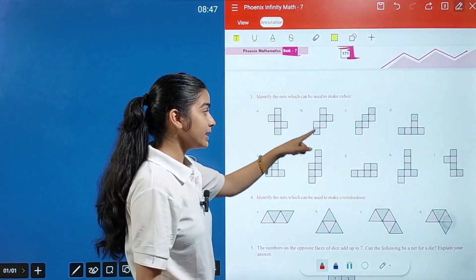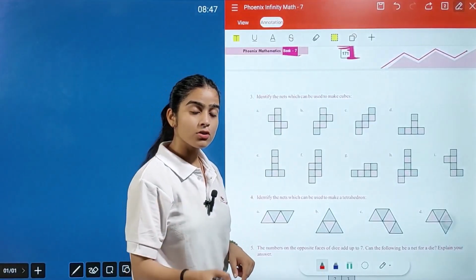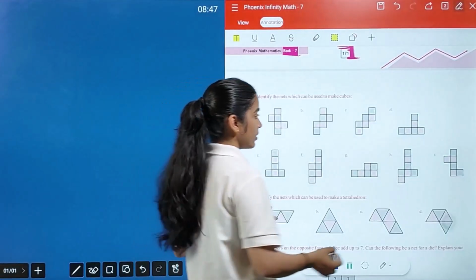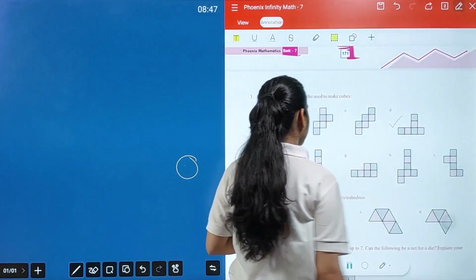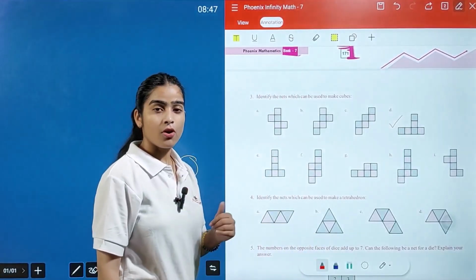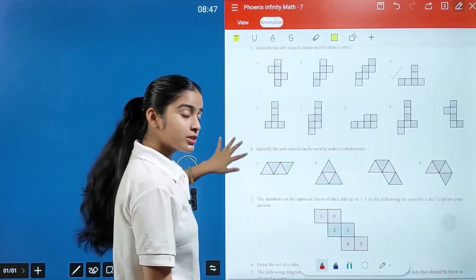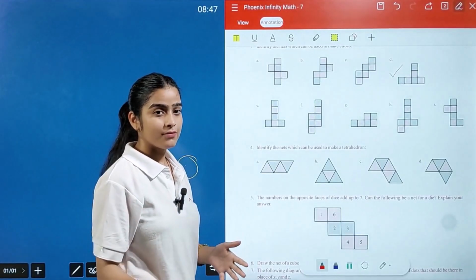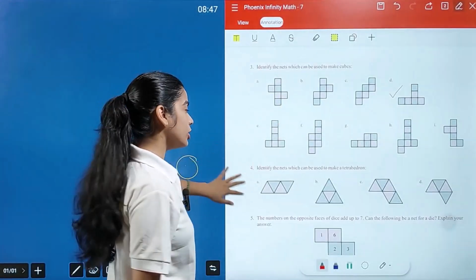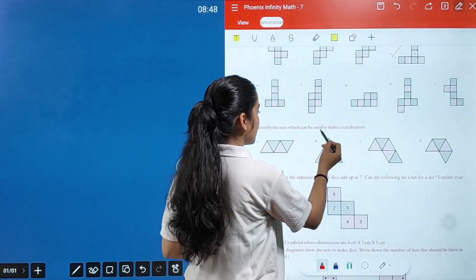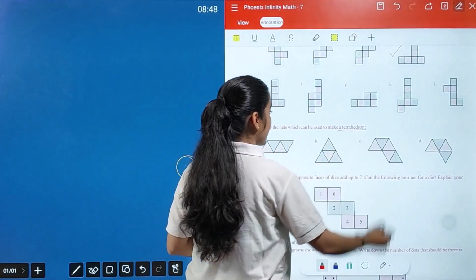If you have any doubt, you can also go through your previous concept where we discussed the net figures. But according to me, the D part is correct. Further, you have to classify whether I am wrong or right. There is a chance that I am wrong, but you have to classify whether this is the correct answer or not. This is your task. Next, identify the nets which can be used to make a tetrahedron.